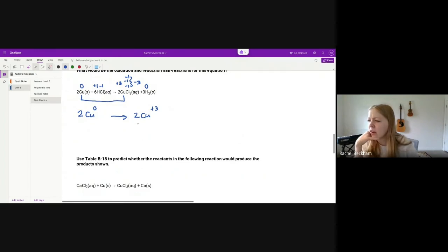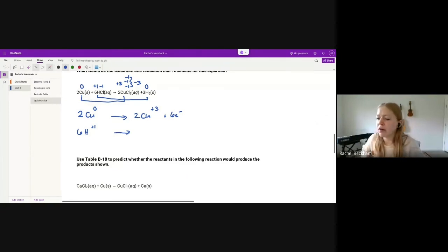So it looks like copper, if it has a +3 charge, must have dropped off 3 electrons in order for it to have a +3 charge. So it dropped off 3 electrons, but I have 2 sets of copper. So if it dropped it off twice, it would be 6 electrons, right? So this is me reflecting what actually happened there.